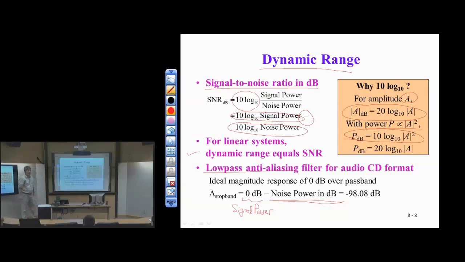And how do we get the stop band attenuation? We just subtract off the noise power, which in our case means that our stop band attenuation has to be roughly 98 dB down from 0 dB. That's a lot of stop band attenuation. From filter design, this is going to be a very high order filter. Very high order.